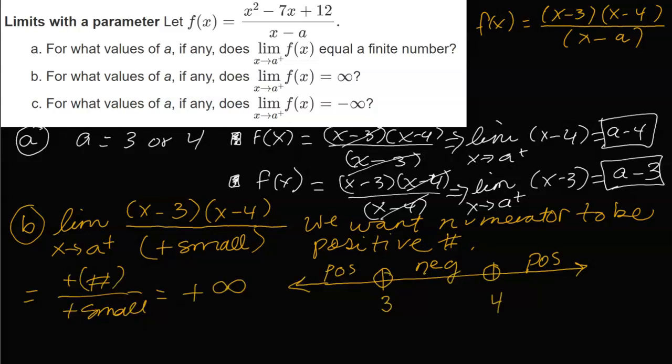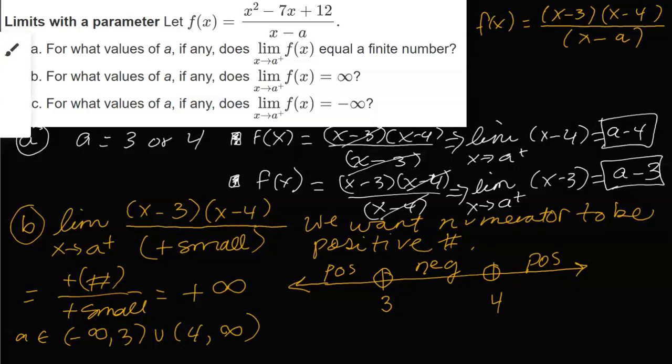So the answer to part B is a can be in the interval negative infinity to 3 union 4 to infinity.